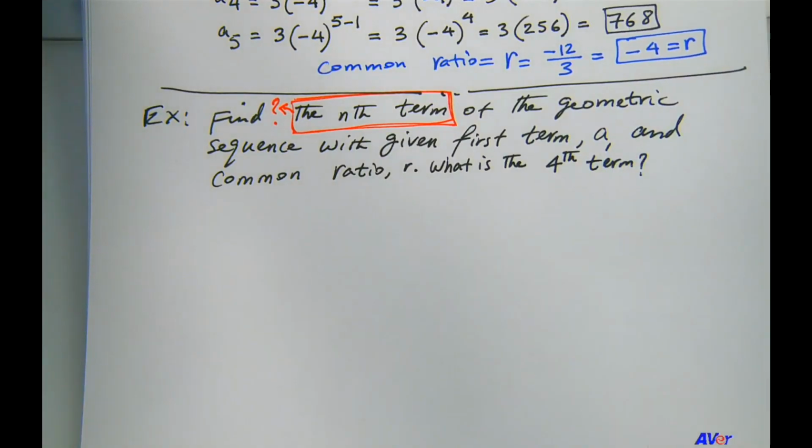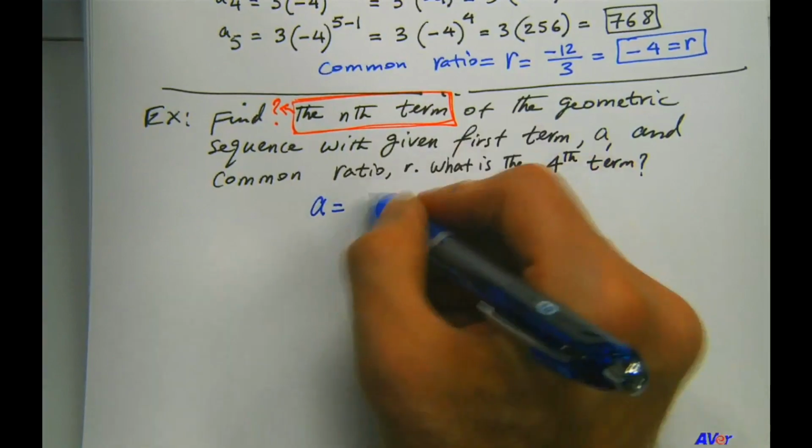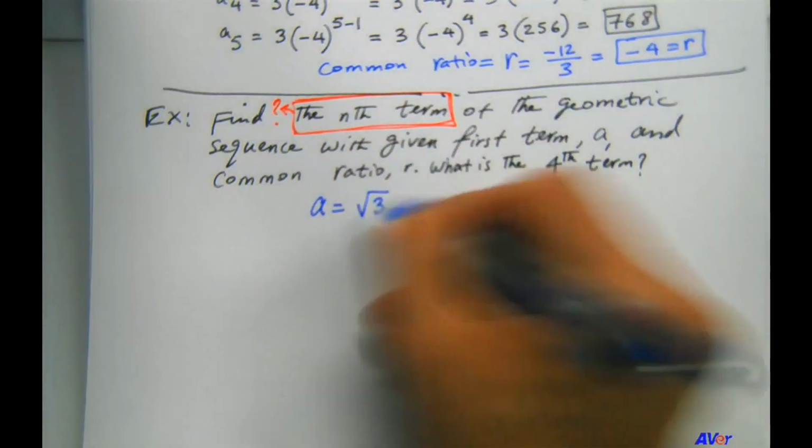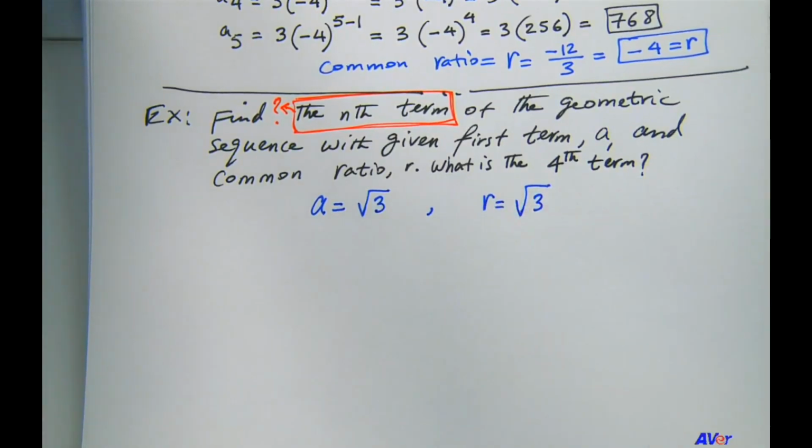Okay. And this is the information they give us. a is equal to square root of 3, and r is equal to square root of 3. Okay?